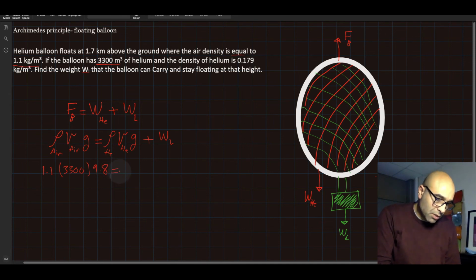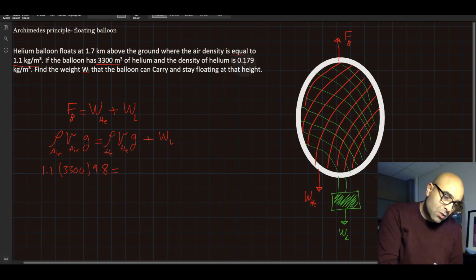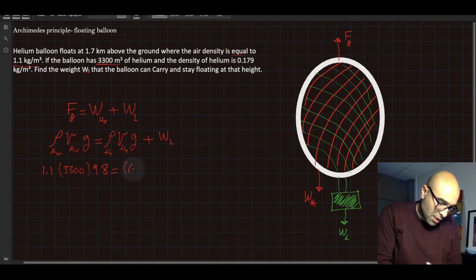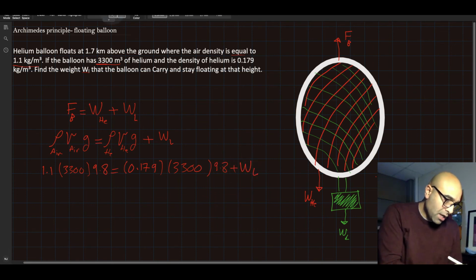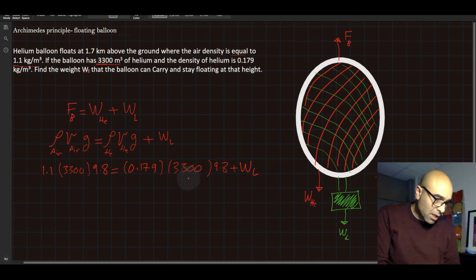That must equal the density of helium, 0.179, much smaller than air, times the volume, which is the same, 3,300, times 9.8 for gravity, plus W sub L. As you can see, the only unknown in this equation is W sub L.